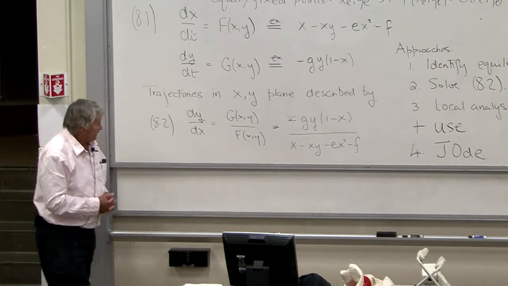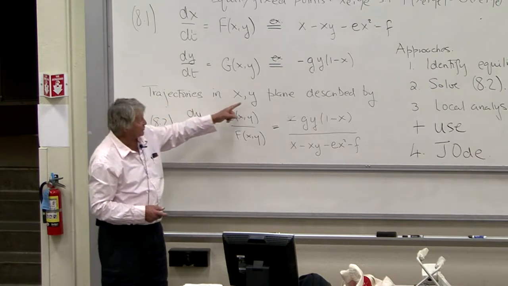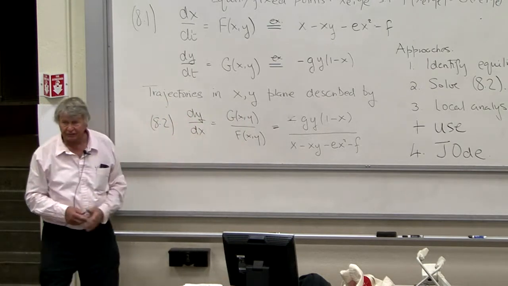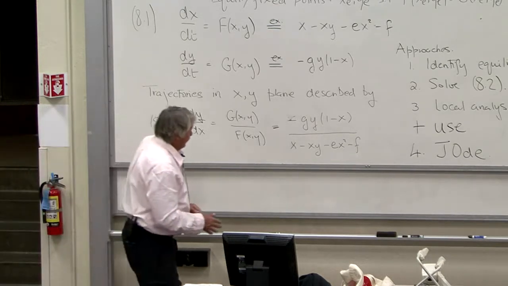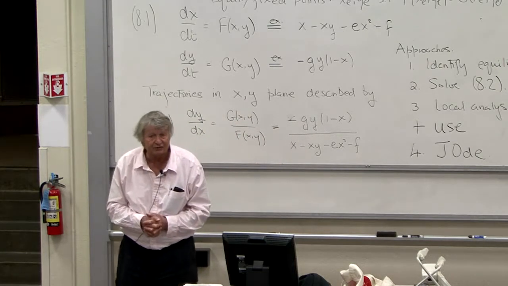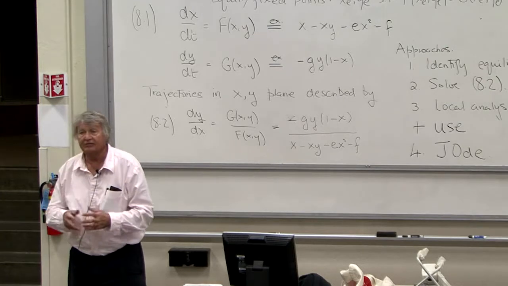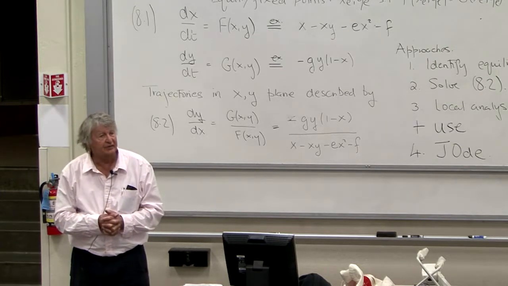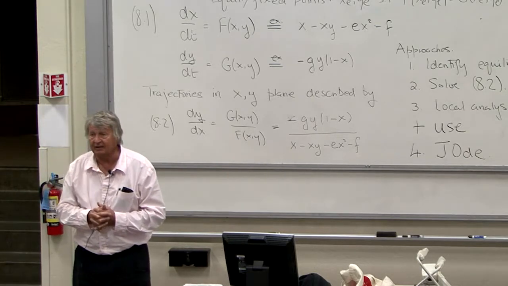Well, if you could solve this equation, the trajectories in the xy plane are described by this first order equation. Now, for instance, if this were separable, if it was one of the first order equations you can actually solve analytically, and we've done some examples with balls sliding in wells where that's been the case.